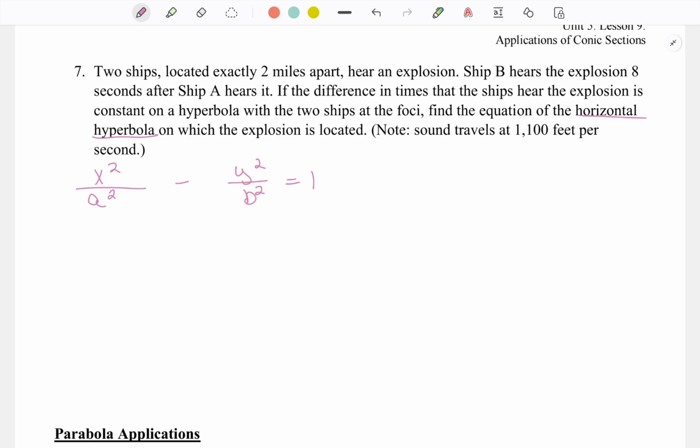So for our a, that comes from ship A being on the foci and ship B hearing the explosion 8 seconds after ship A. So if sound travels at 1100 feet per second, then we have 8 times 1100. That will give us our length of A, and then we'll need to divide it by 2. So that is 4,400 feet.